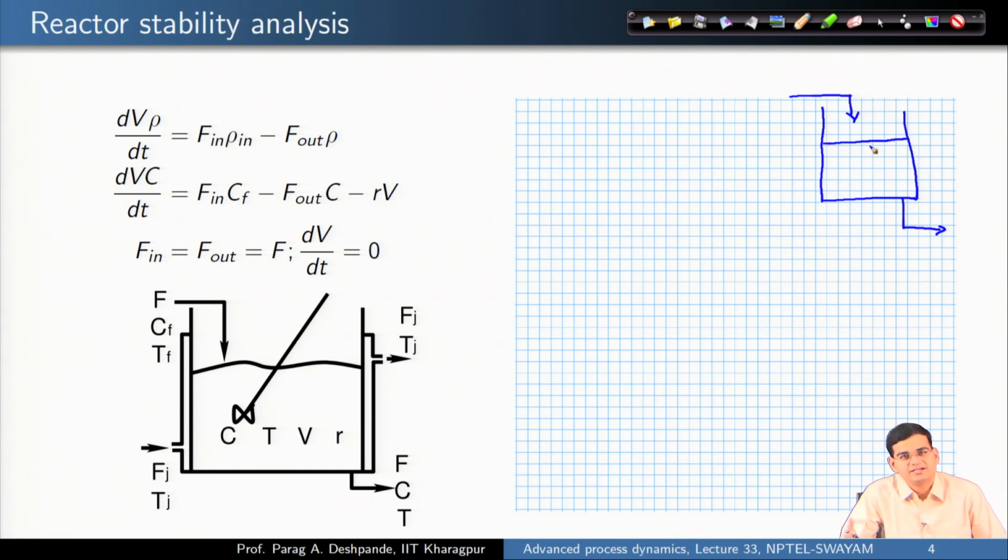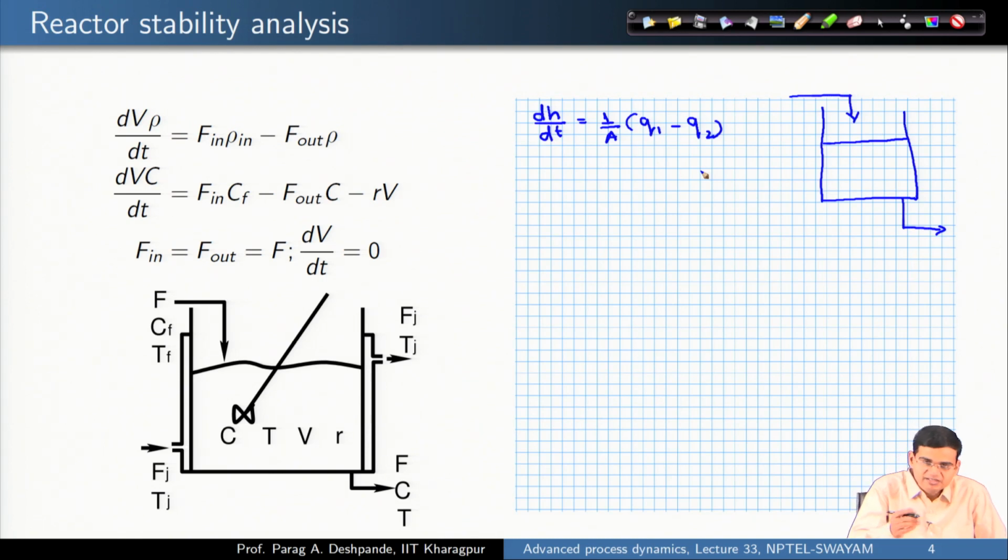This is the classic example of a liquid level system which we have been studying right from the first day. Remember, our equation used to be d h by dt is equal to 1 over A times q 1 minus q 2. That used to be our mass balance equation, with q 1 as the inlet flow rate and q 2 as the outlet flow rate. So, for the overall mass balance, it is the same case.